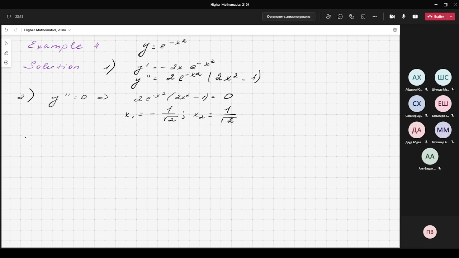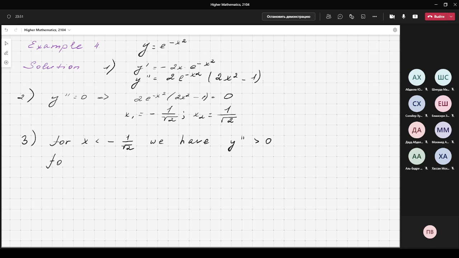The third, investigate the values obtained. For x less than minus 1 over square root of 2, we have y'' greater than 0.